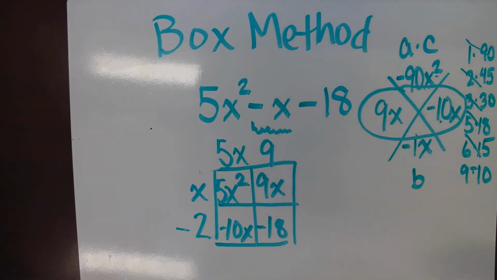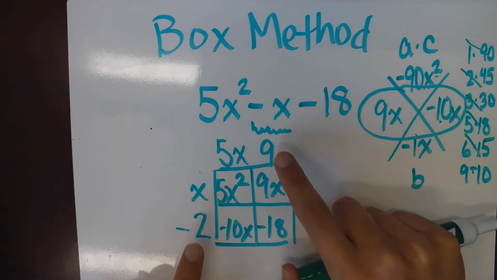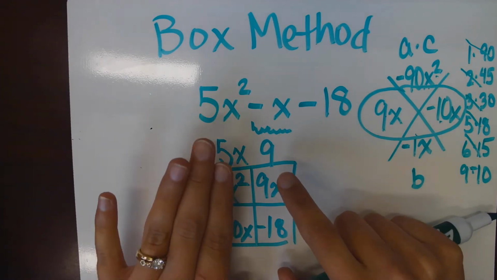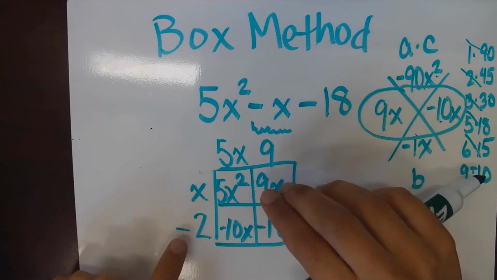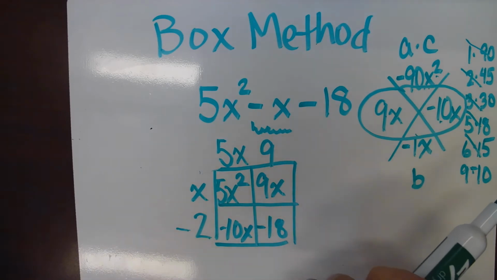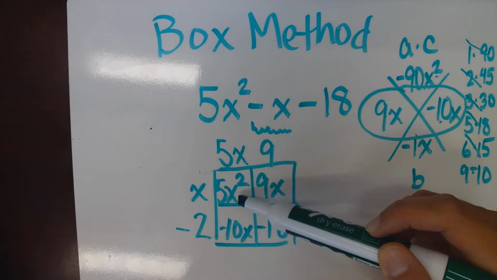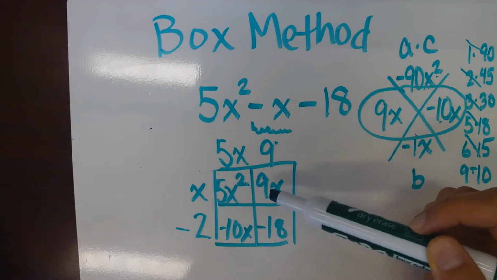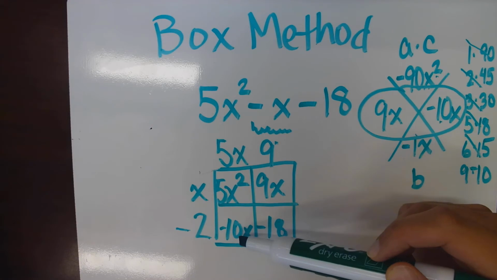Okay, in box method, if these two numbers are negative, then these two on the outside will be negative. If they're both negative in a column or in a row, then it's going to be negative coming out of that column or row. So to check if my work is correct, 5x times x gives me 5x squared. 9 times x gives me 9x. 5x times negative 2 gives me negative 10x.